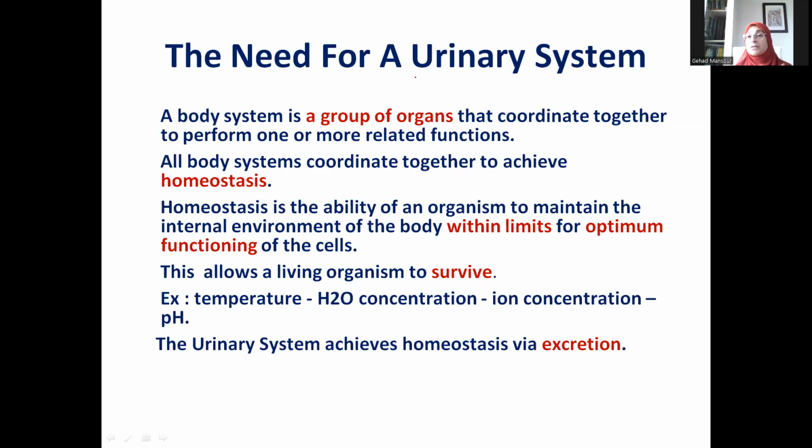What is homeostasis? Homeostasis is the ability of the body to keep the internal environment constant or almost constant within a very narrow range or within the limits for optimum function of the cells in order to enable the organism to survive by enabling the living cells to do their function adequately.